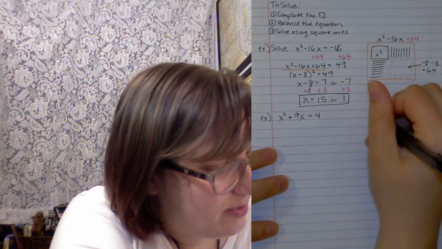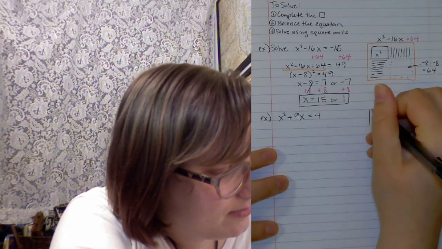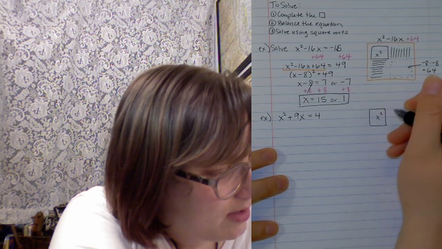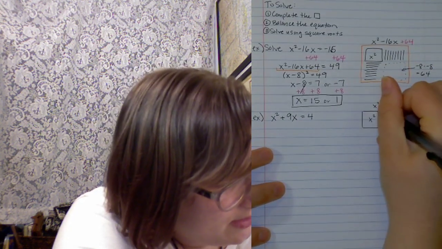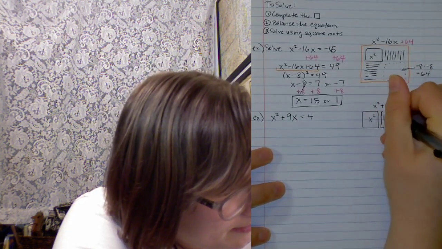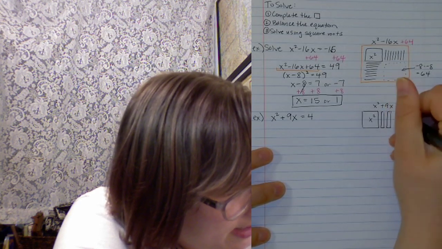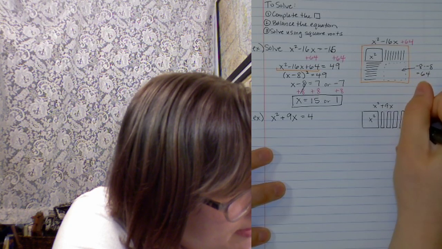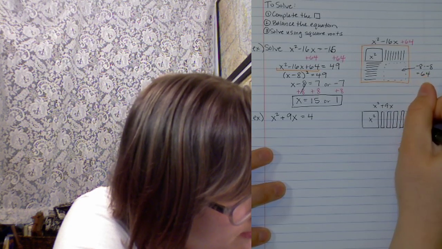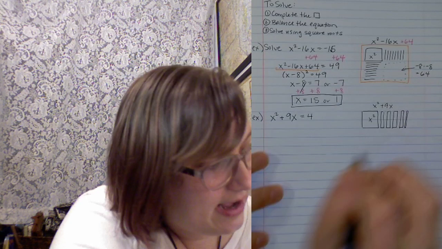So I have my x squared, and I'm just worrying about x squared plus 9x. I don't care about the equals 4. So I'll have half of 9 is 4.5. So what I'm basically doing is I'll have 4.5 on one side.